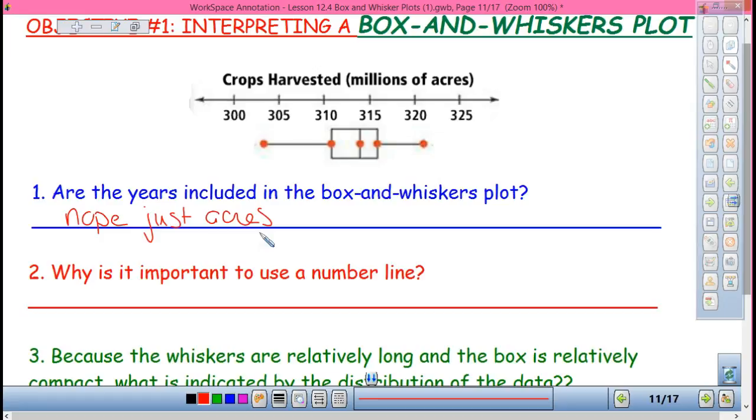Yeah, kind of. Not necessarily easier. But what if I didn't have that number line and you just looked at that box? Would it tell you anything? No. First of all, it wouldn't tell us anything. We wouldn't have the information we need.